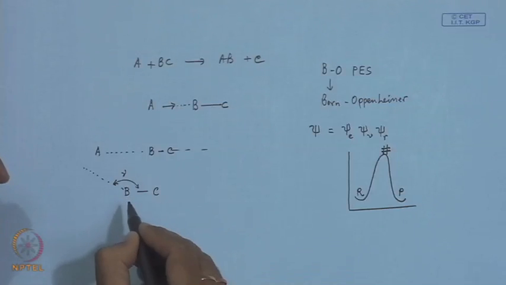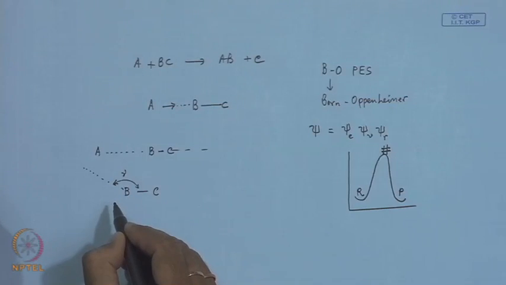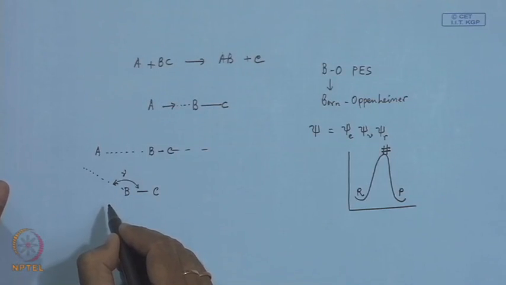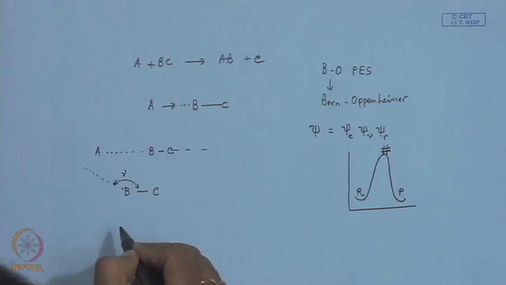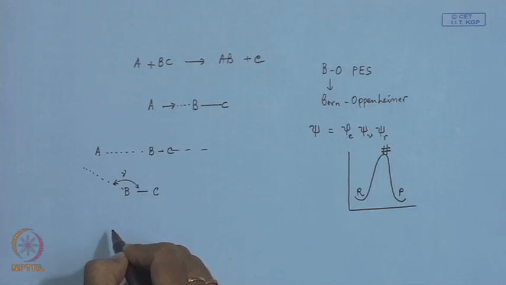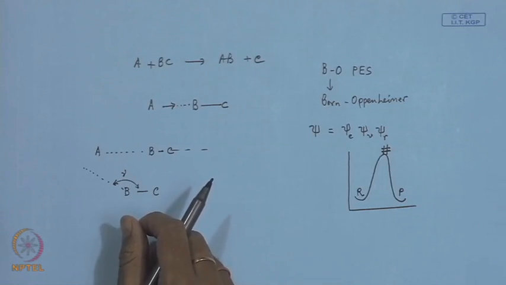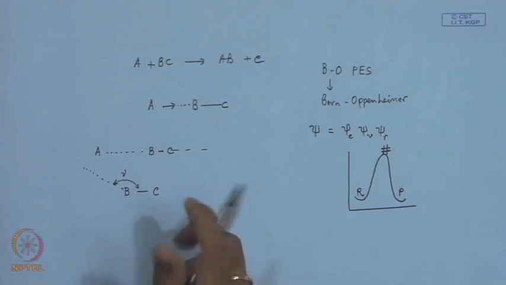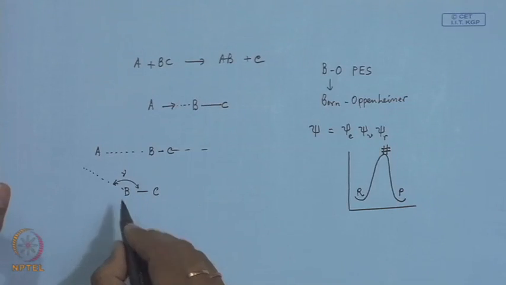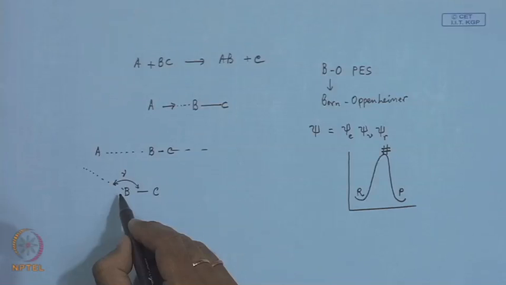In that case, the reaction may be less facile, or if that is the optimal angle, the reaction may proceed to a better extent. So the point is that this barrier height may depend on this angle of approach.